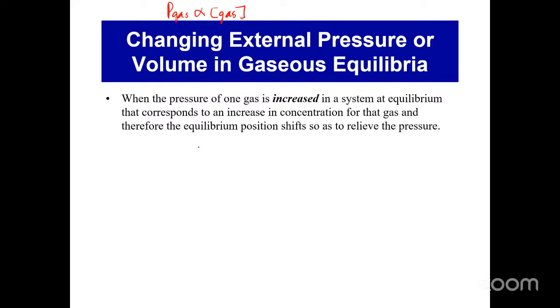So let's say, for example, going back to this reaction here, and let's say you increase the pressure of nitrogen. That means you're also increasing the concentration of nitrogen. So how will the system respond?